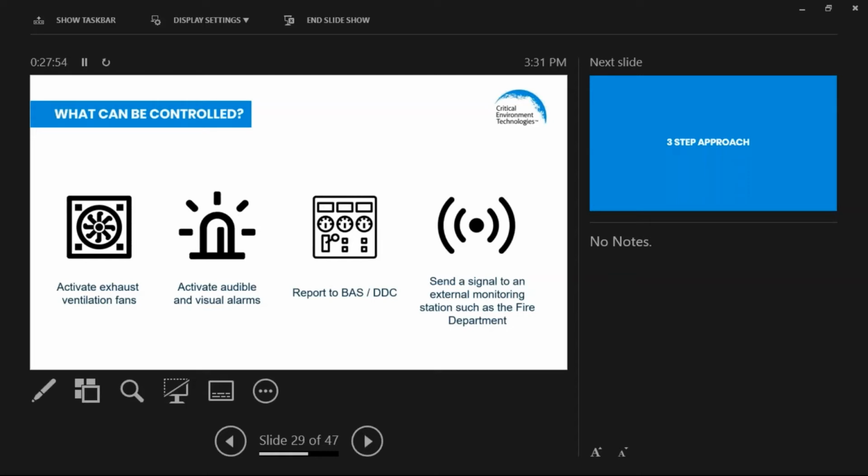These are all the types of things that can be controlled from a gas detection system by either relay outputs, dry contact relay outputs, or by a digital information feed such as BACnet or Modbus, or a simple analog output, 4 to 20 milliamp or 0 to 10 volt, being fed to what you want to control, where you want to control it.